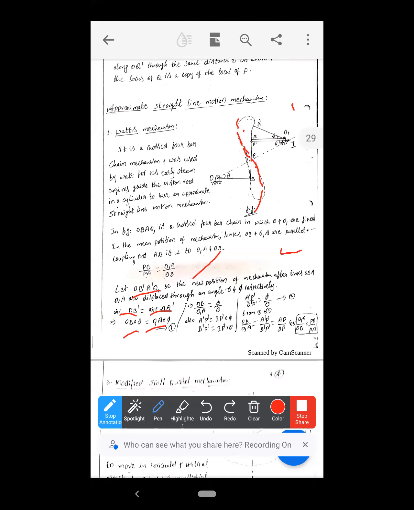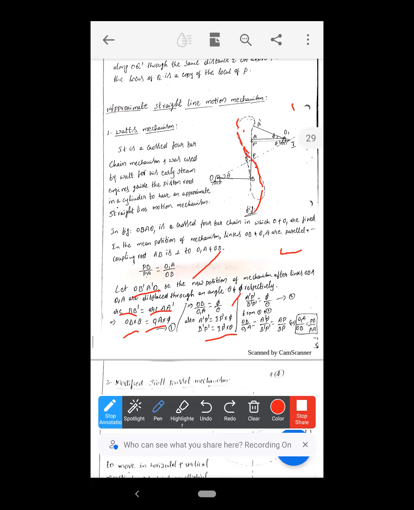Now we have to simplify the equation. So OB by O1A equals phi by theta. Later, we may also find other values. A dash P dash equals IP dash into phi, and B dash P dash equals IP dash into theta.